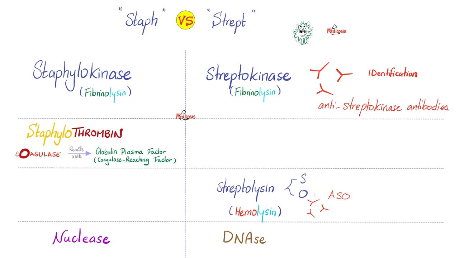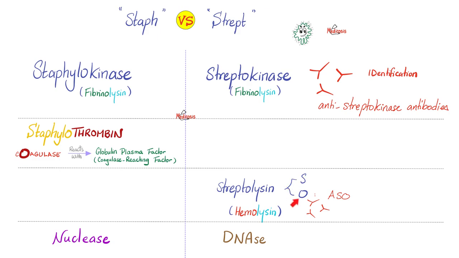What's unique about strep is that your body will make specific antibodies against the streptokinase of the streptococci. And we can use this in the lab as an identification test. Streptococci do not have coagulase, but they do have hemolysin or streptolysin.